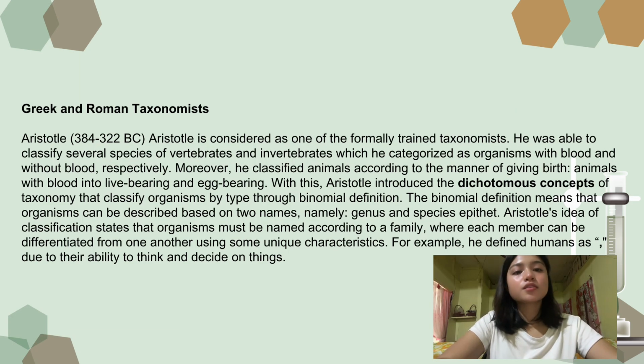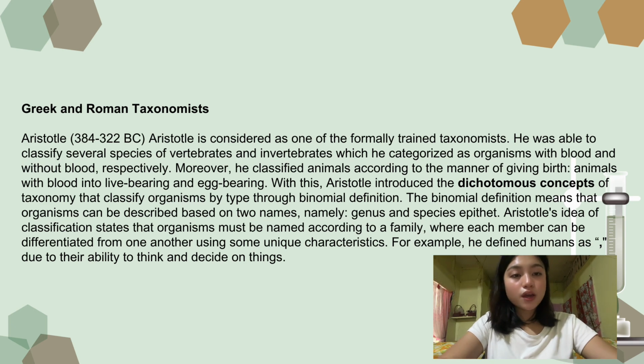Greek and Roman taxonomies. Aristotle is considered one of the formally trained taxonomists. He was able to classify several species of vertebrates and invertebrates, which he categorized as organisms with blood and without blood, respectively.